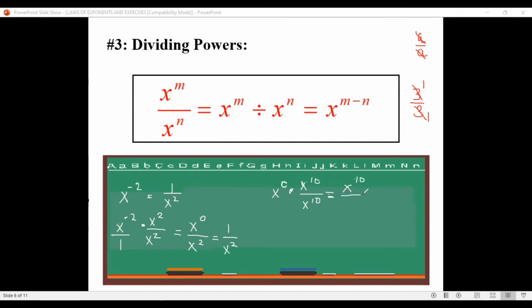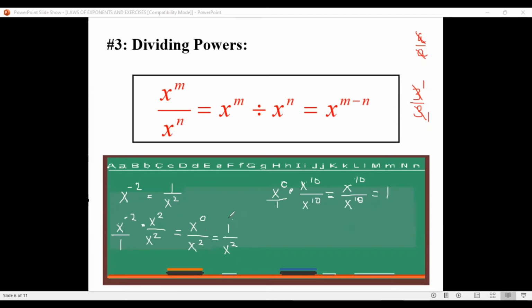And then definitely this is understood to be over 1. So 1 multiplied by x raised to 10 is also giving me x raised to 10. So looking into this, what is x raised to 10 over x raised to 10? Again, the answer is equivalent to 1. That explains why we have that rule also, that any number raised to a zero exponent is equivalent to 1.